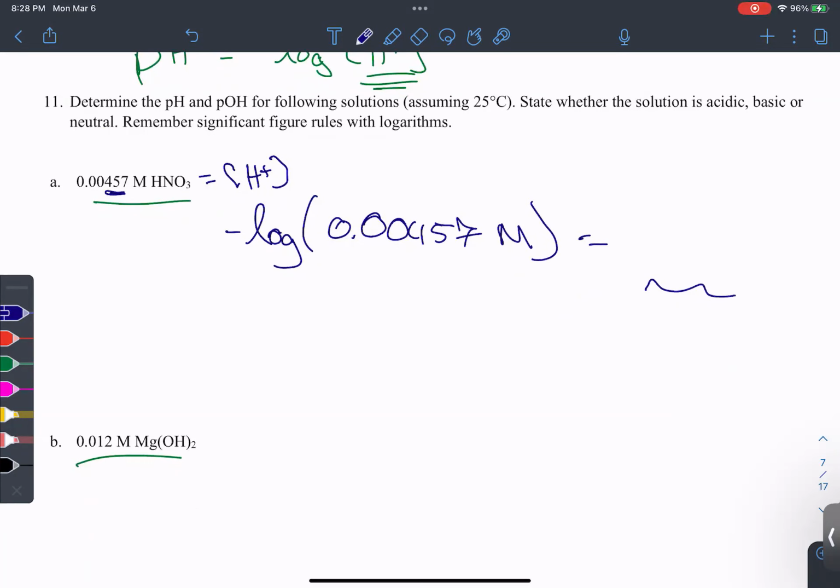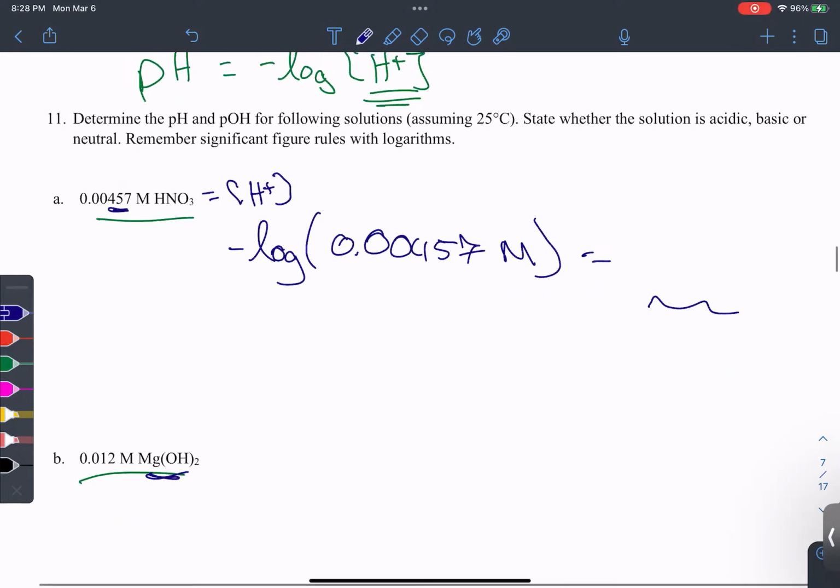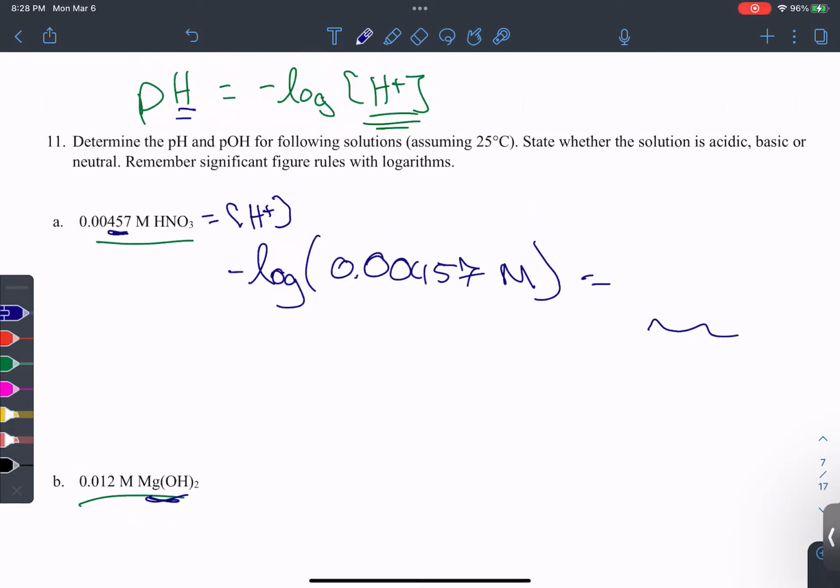So here we have magnesium hydroxide. We said that this was strong, but it's a strong what? Base. So can I directly calculate pH? No, I want to calculate pOH first. The concentration of magnesium hydroxide is going to be related to my hydroxide concentration. But what's special about this?